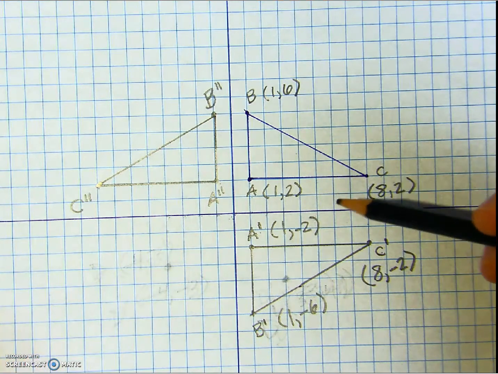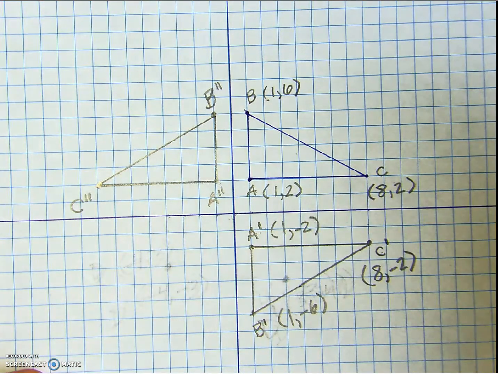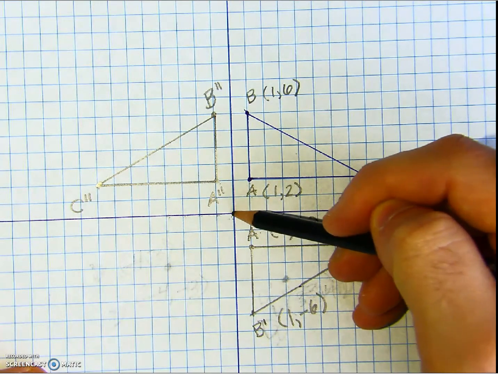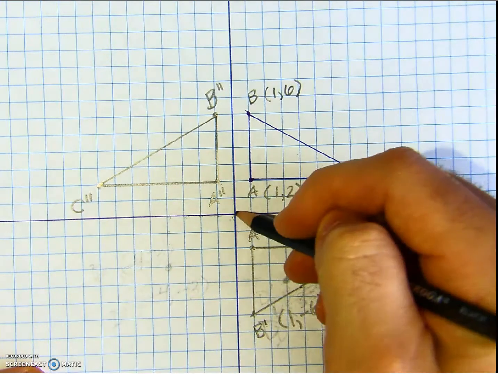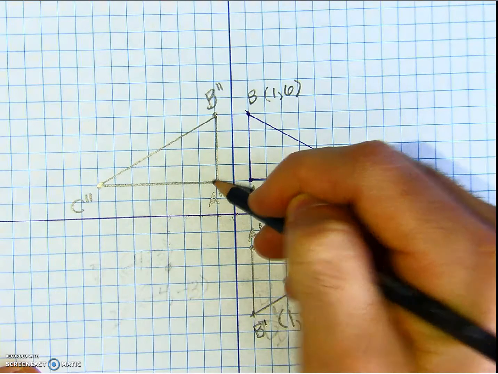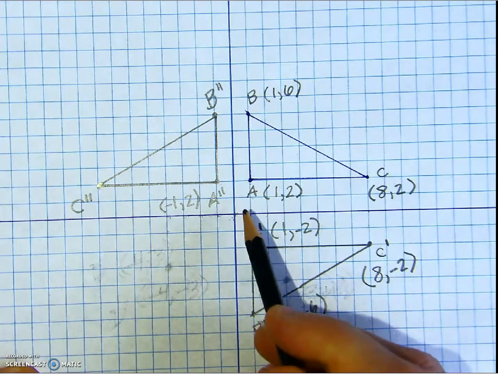If we had a rule, we could use that rule to find out what these new coordinates are, but we haven't established that rule yet. So let's just do what we could do back in 5th grade. Start at the origin and count. It looks like it's -1, 2. That would be A double prime.